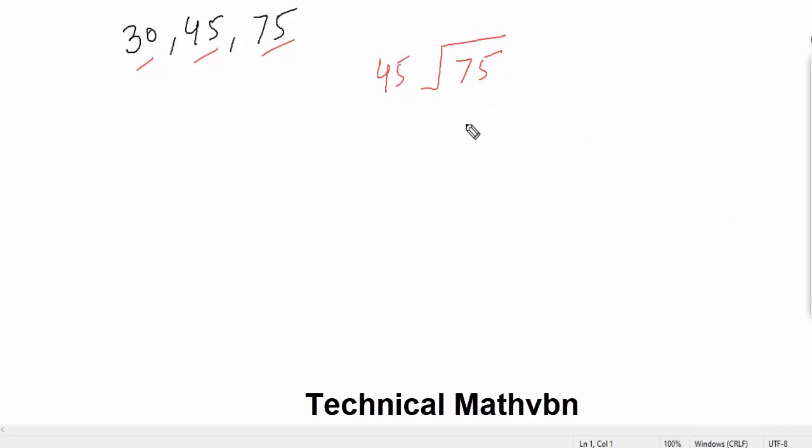Divide 75 by 45: multiply 45 with 1. 45 ones are 45, and 45 twos are 90, so it will restrict to 1.